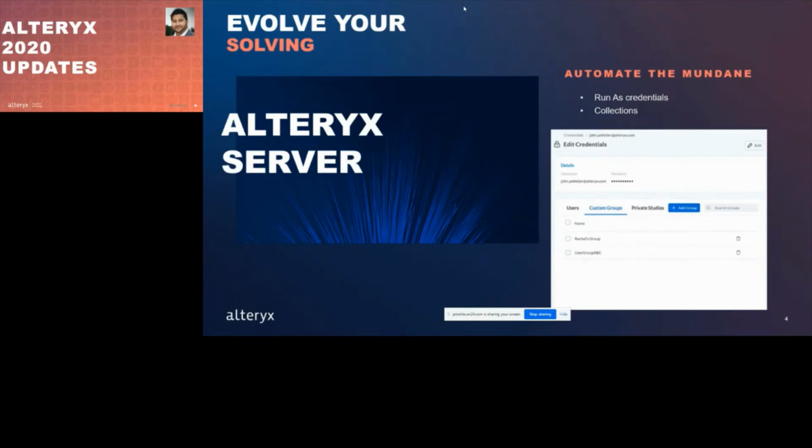help.ultrix.com. Now, in Ultrix 2020.3, we released a feature for admins to create custom server managed user groups from the admin view, independently of Active Directory, that is, I should say. Now, in 2020.4, you'll also be able to grant custom user groups specific permissions to a collection.